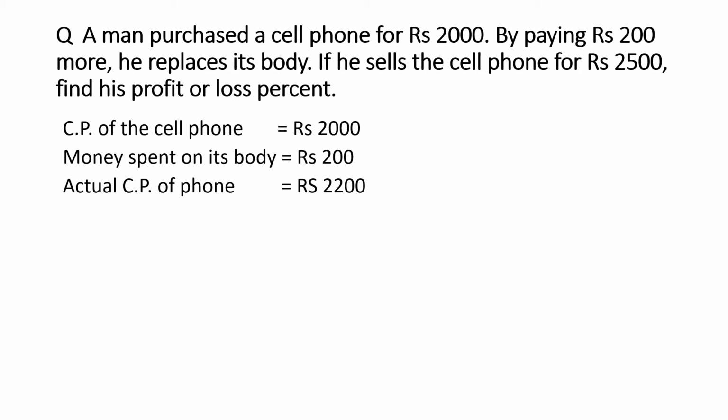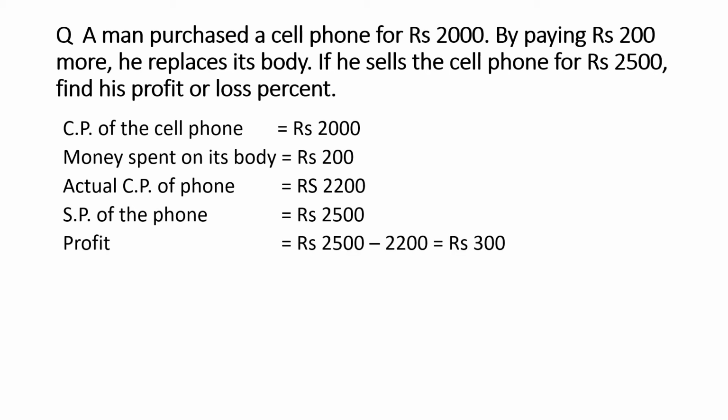2000 plus 200. This type of expense is always added to the cost price to get the actual cost price of the thing. So the actual cost price of the phone is rupees 2200. Now the selling price of the phone is given, that is rupees 2500. He purchased the cell phone for rupees 2200 and sold it for rupees 2500, so he is getting a profit of rupees 300, SP minus CP.